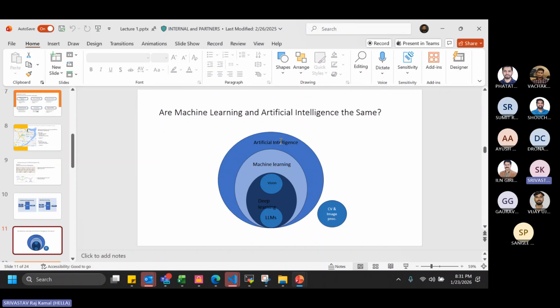So artificial intelligence is not a technical word. It's the protocol, or the way we solve a problem. Machine learning and deep learning are the ways of achieving artificial intelligence. For example, earlier we did not know how to find the best route with unknown variables.